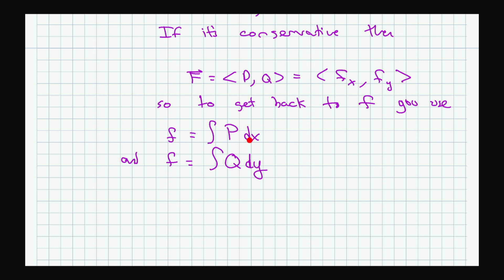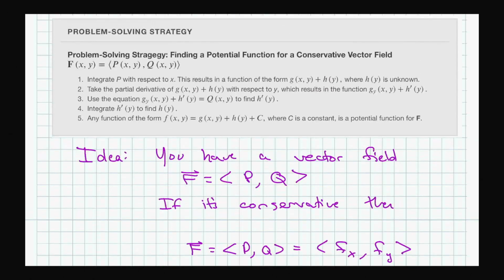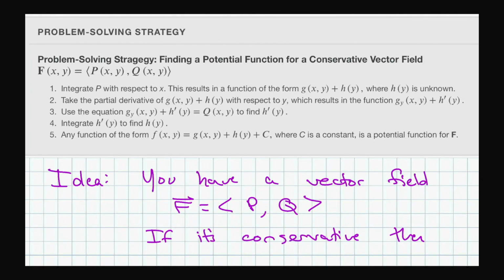So if we integrate with respect to x, we'll be getting back to the original function. That's the idea, right? And then they explain what to do here. They say, integrate P with respect to x. The result is a function, they say g for some reason, plus a constant, but the constant is a function of the other variable. So when you integrate with respect to x, you don't get a plus c, you get plus a constant of y.